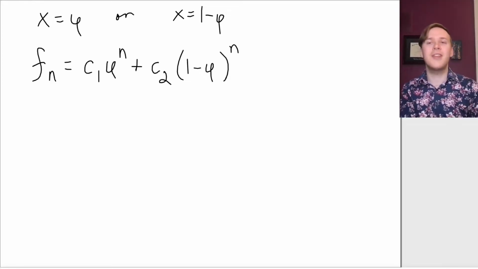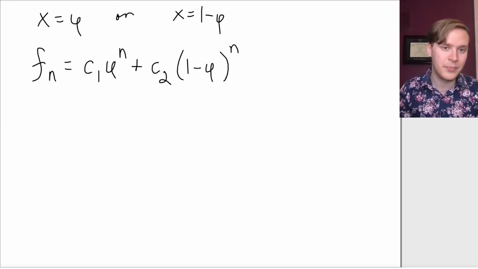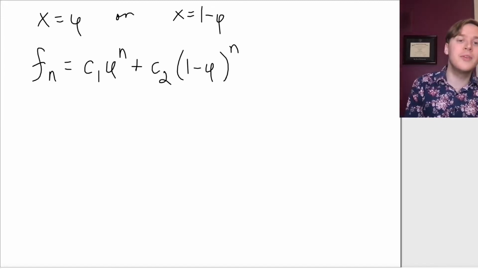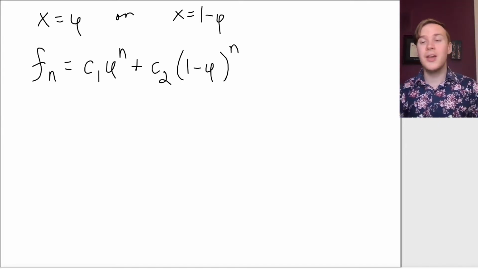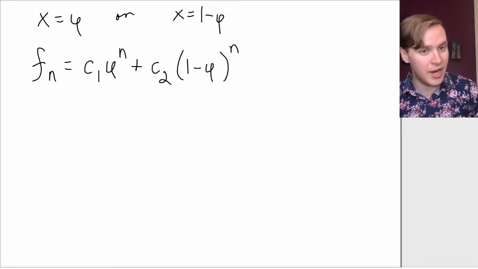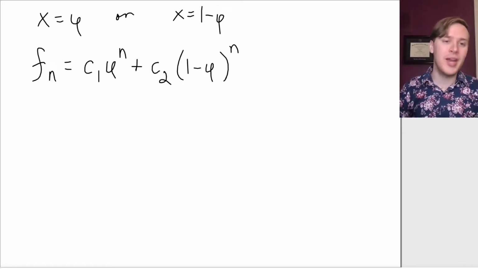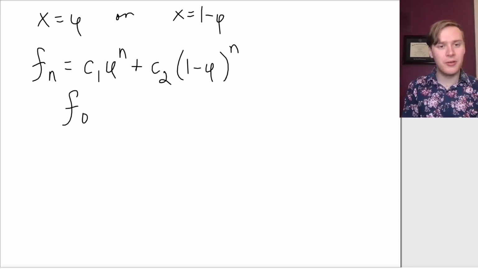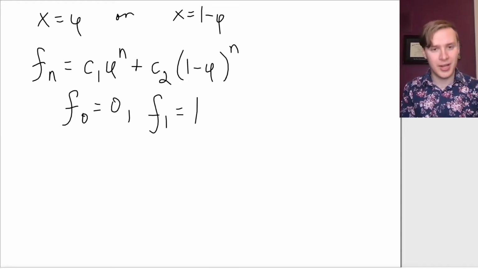And 1 minus phi is the second solution to the equation. It can be shown that this in fact works for some constants C1 and C2. Now the only thing is we don't know what those constants are yet. So how do we figure those out? Well, we have that the 0th term is equal to 0 and the first term is equal to 1.